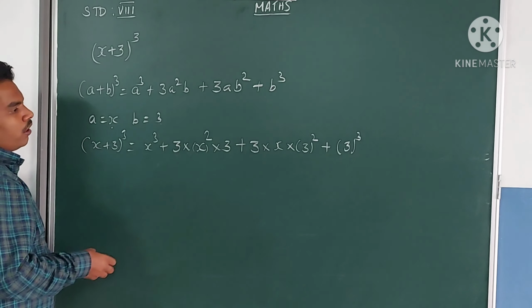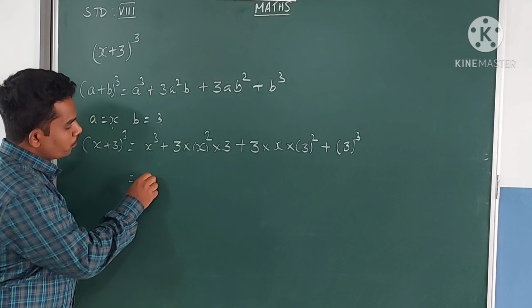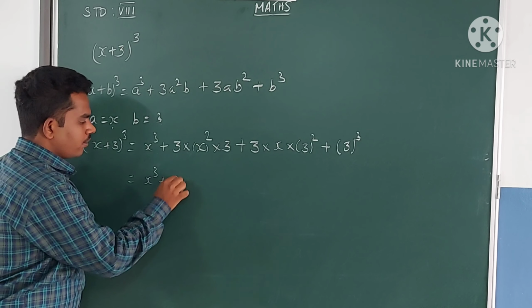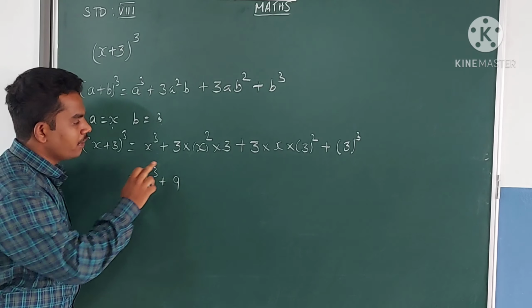Okay. Now this can be written as x cube plus 3 into 3, 9. First you multiply the coefficient, only multiply the constant terms.